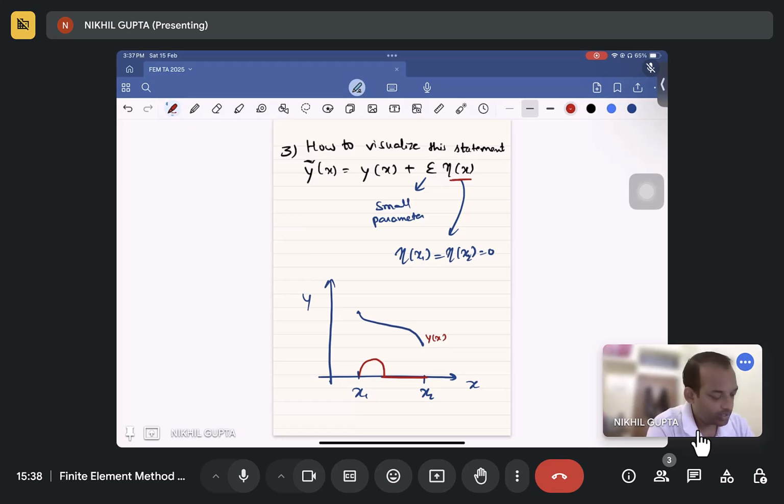Now using this eta, you can perturb this function. When you add y(x) with this function using a small value of epsilon, you will get this function and you can have a new path.